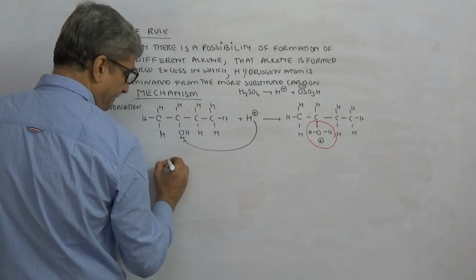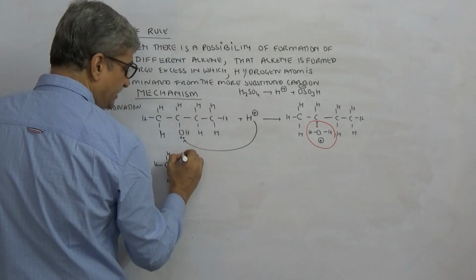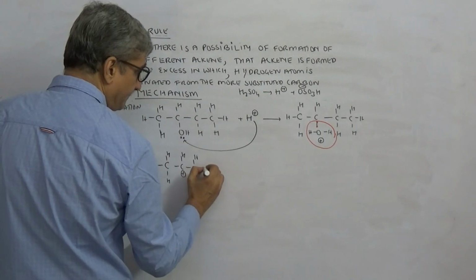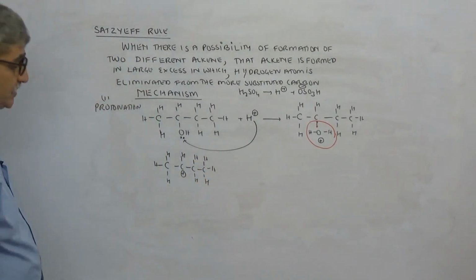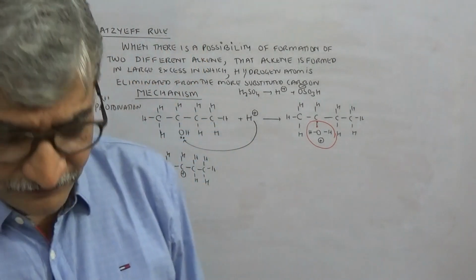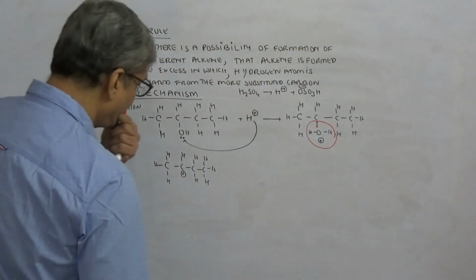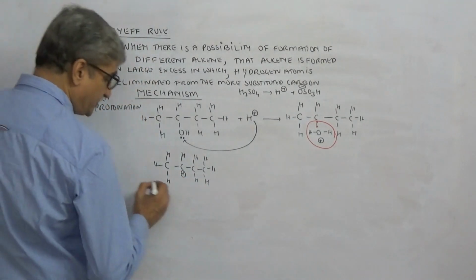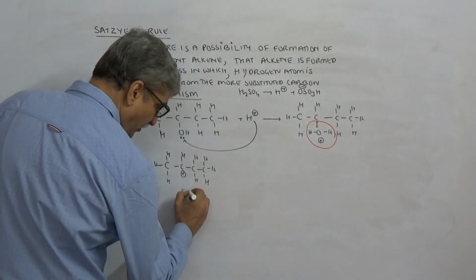You get CH3, CH plus, CH2, CH3. So this is the second question. What is the first MCQ we could look for? That the first step in the dehydration of alcohol is protonation. What is the second step? The formation of intermediate. The intermediate formed is a carbonium ion.